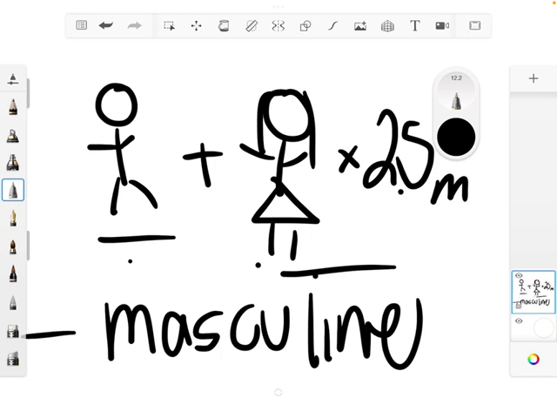So that means a mixed group, a group of women and men together will be masculine, okay? In terms of the grammatical gender, how you write it out. If it's just a group of men, it will be masculine. If it's just a group of women, it'll be feminine. But if it's a group of men and women together, it'll be masculine.